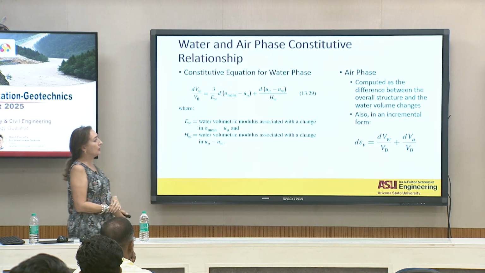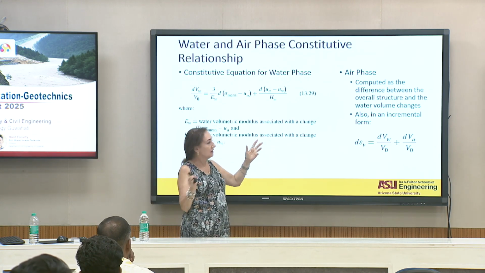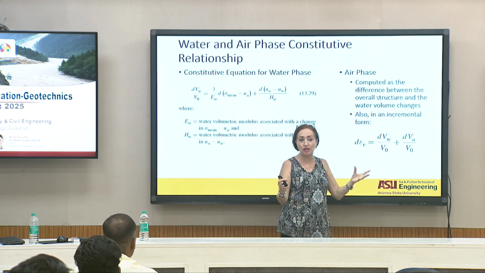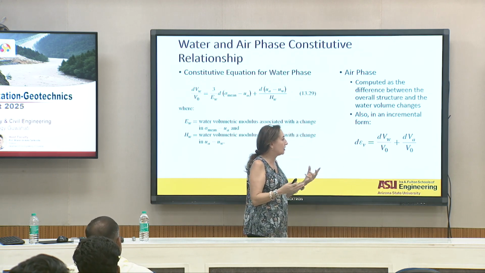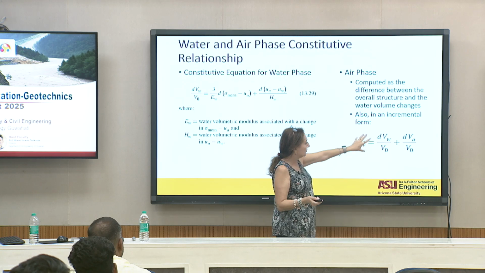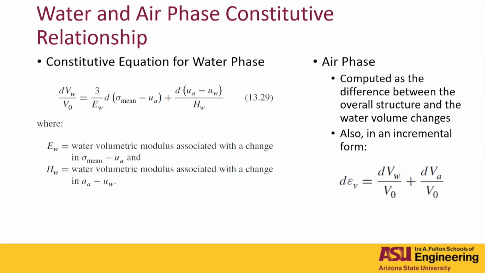For the air phase, usually it is computed as the difference between the overall structure strains minus the water volume changes, okay? So now you do have the whole change in the voids: the change in the volume of water plus the change in the volume of air. So that's how we get those two parts, one with this equation, the other one being the difference between the one that you saw before and this one, right?